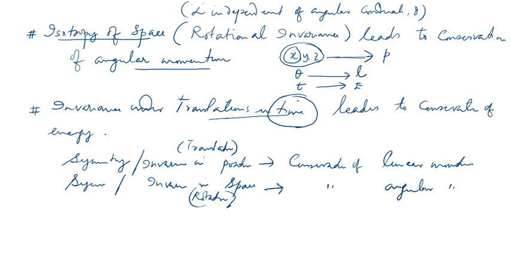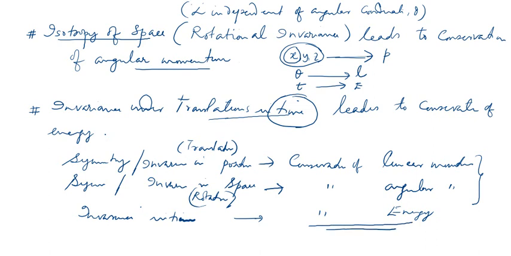And finally, the symmetry or invariance in time. Invariance with respect to translation in time leads to the law of conservation of what? Energy. And you know that these three are the three fundamental conservation laws in mechanics: the law of conservation of energy, of linear momentum, and of angular momentum.